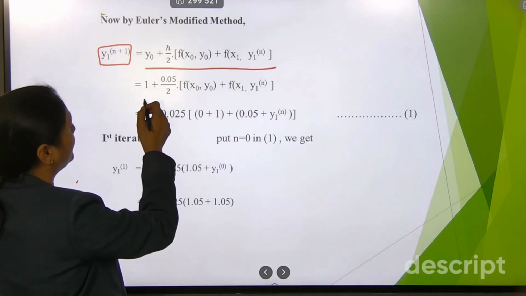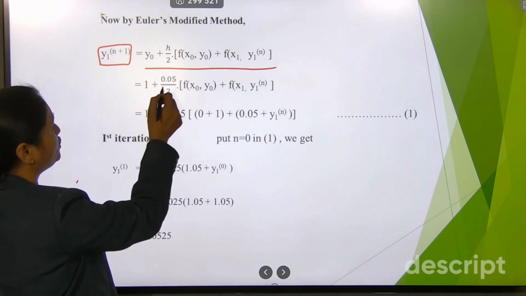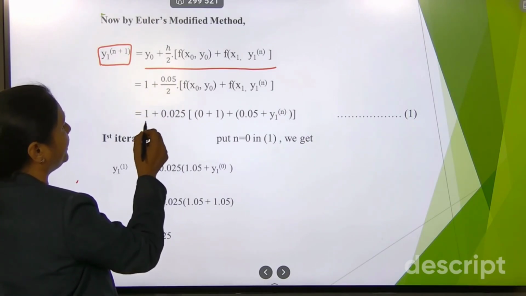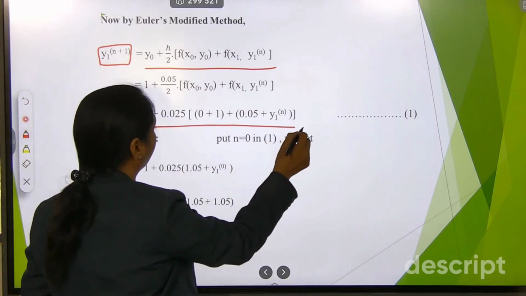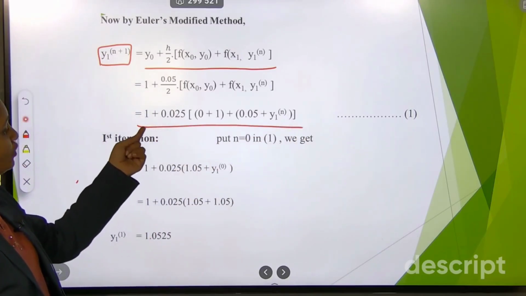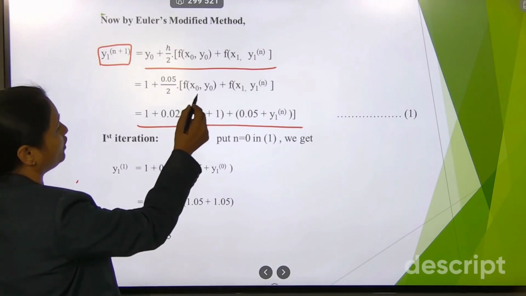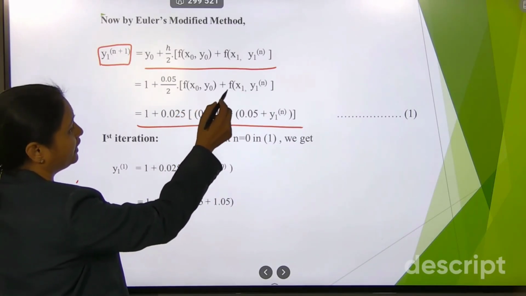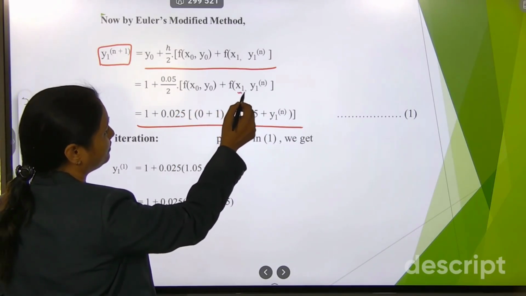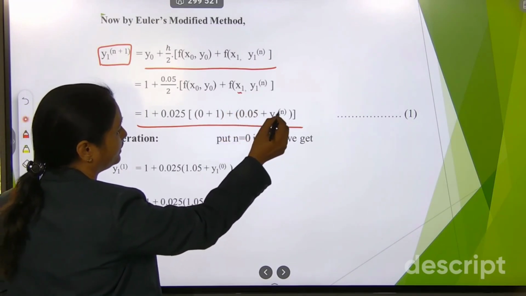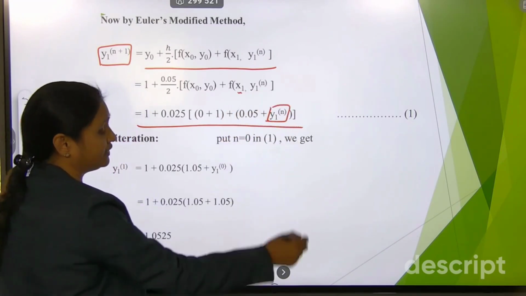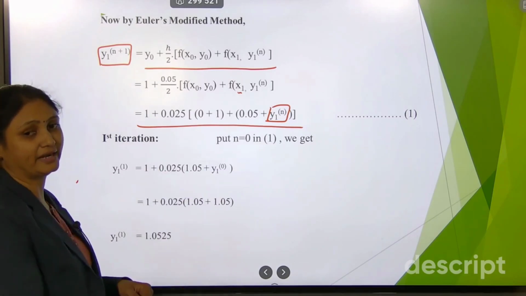Putting y0 is 1 and h is 0.05, we get 1 plus 0.025 into f of x0, y0, that is 0 plus 1, plus f of x1, y1 n. Now we don't know the value of y1 n, and we are going to find that value.